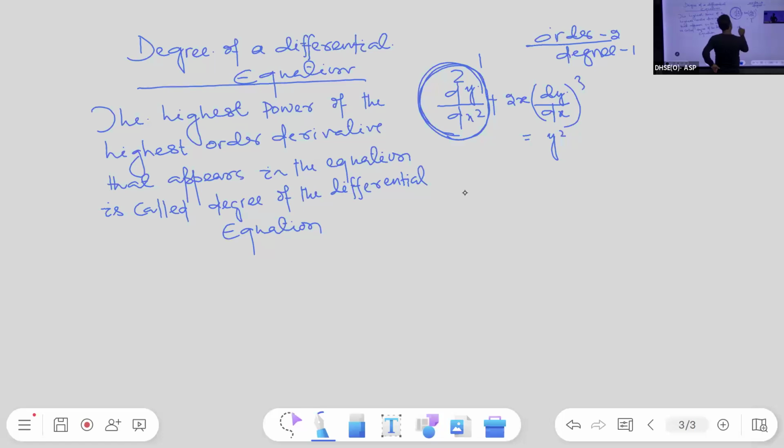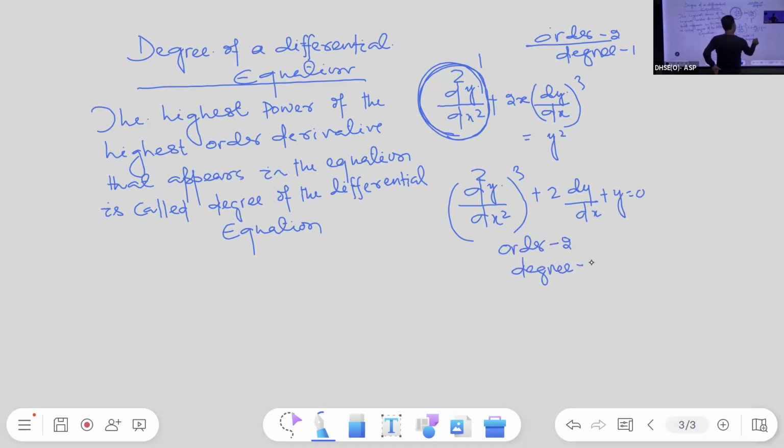Suppose an equation is (d square y upon dx square) whole to the power 3 plus 2 dy upon dx plus y equals 0. Here the order of the differential equation is 2 and the degree is 3. Right?